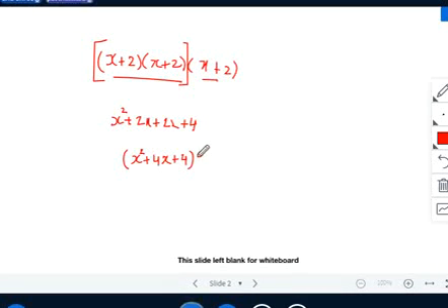Next, this one is. Okay. Then what you have to do, you just have to multiply every term. Take this first term x. Multiply this x with every one of the three terms. So x multiplied by x gives you x cubed. Then x multiplied by 4x will give you 4x squared.